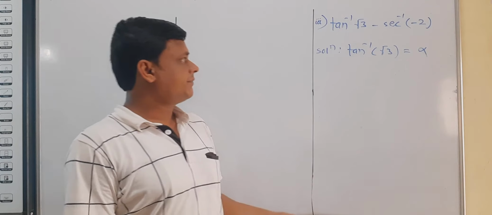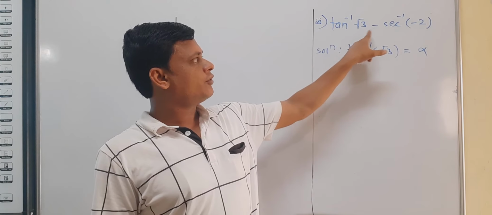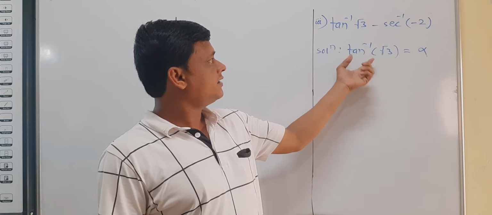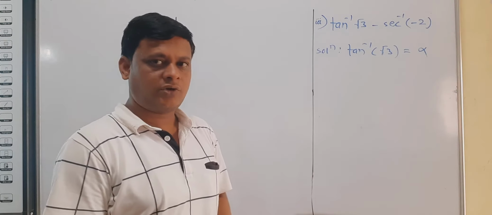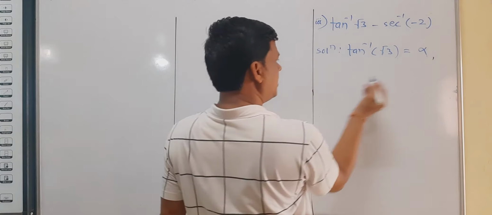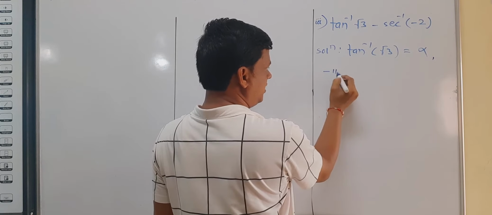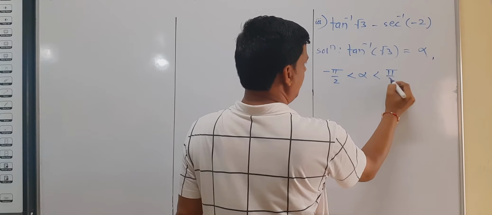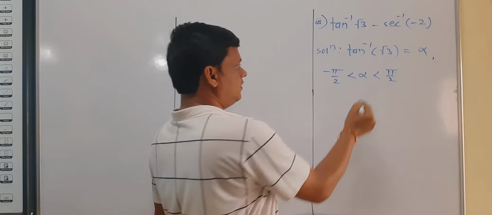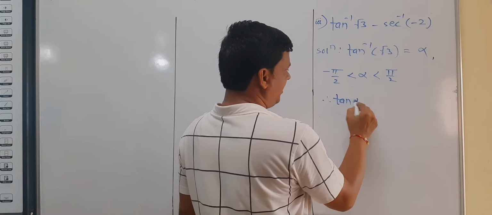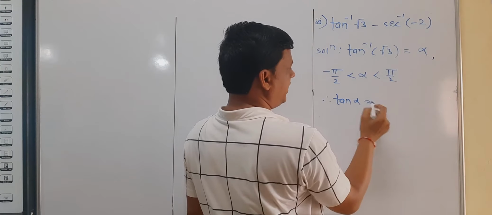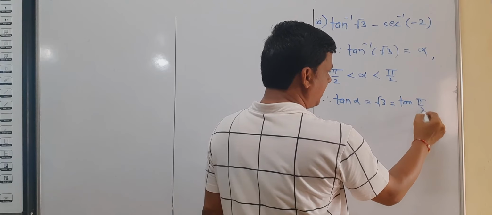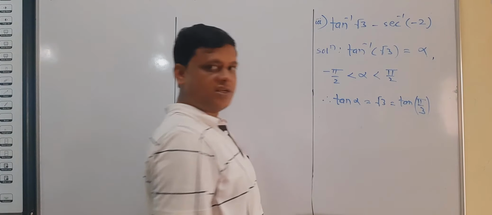See the first example: tan inverse of root 3 minus sec inverse of minus 2. We first consider tan inverse of root 3 equals alpha, and this alpha must satisfy the condition minus pi by 2 strictly less than alpha, strictly less than pi by 2. Therefore tan alpha equals root 3, which is the value of tan pi by 3; tan 60 is root 3.